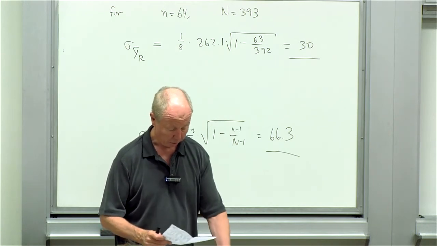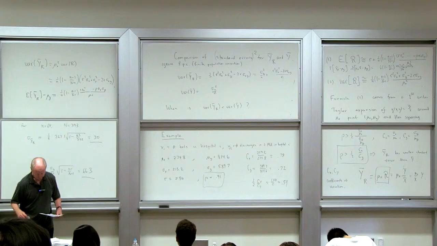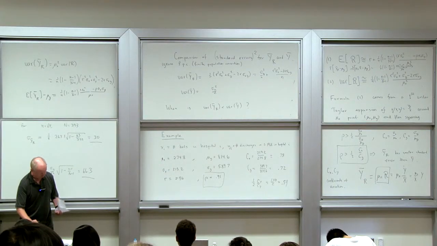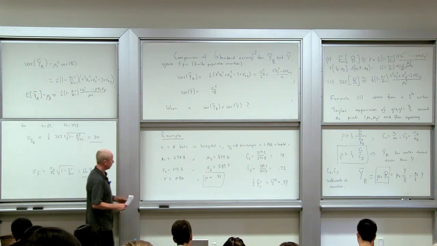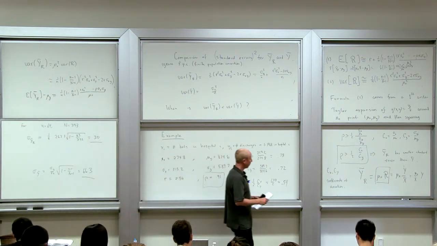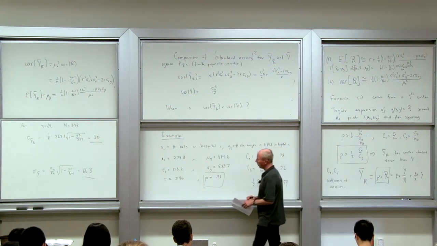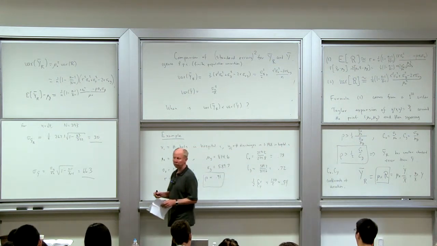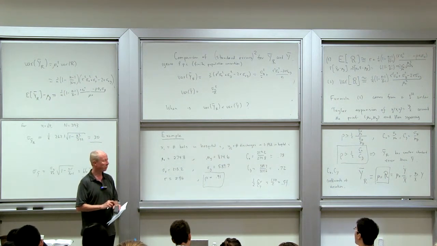Okay, now that's it for ratios. So again, there were two things we did with ratios. One is we got an estimate for the ratio, or confidence intervals for ratios, using the central limit theorem.